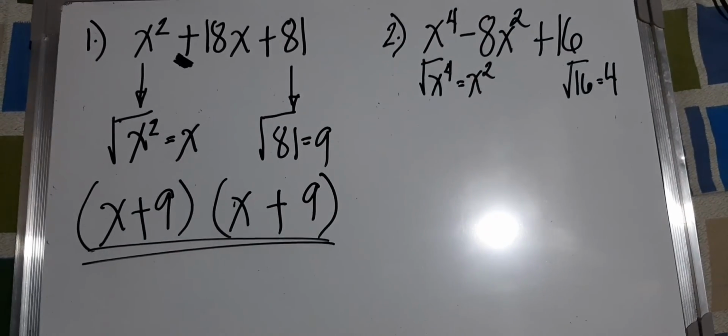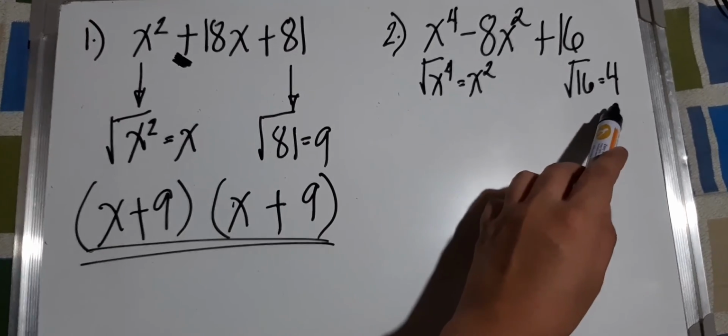Ngayon, kailangan kong i-identify kung tama ba yung middle term. Okay? Baka dito ako nililito ni ma'am sa middle term. Pag hindi ko chinek yung middle term, baka akalain kong perfect square pala siya, pero hindi naman pala. So check natin yung middle term.